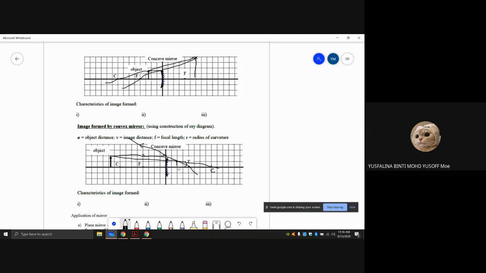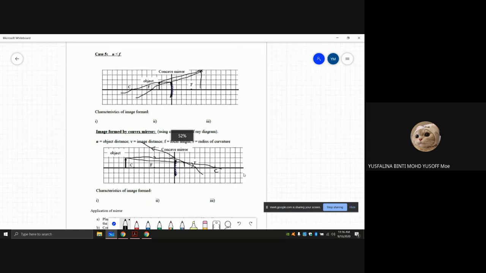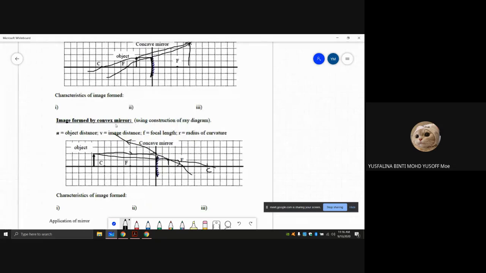The image is virtual, smaller than the object, and the last one is upright. So that's how you draw for the convex mirror.